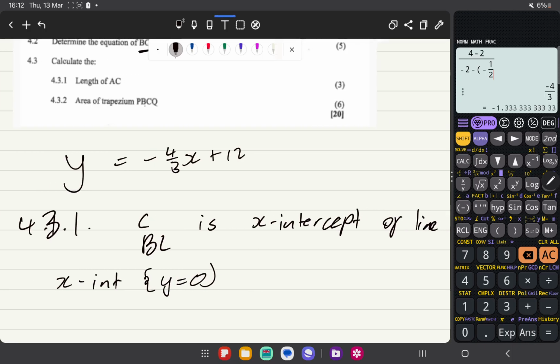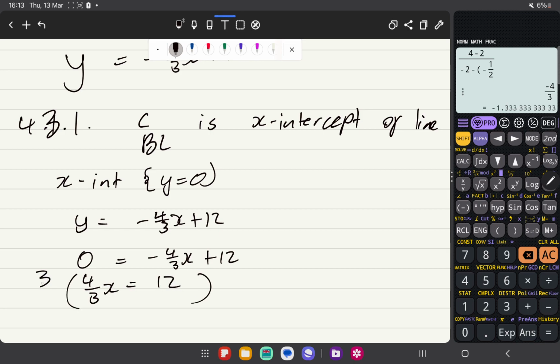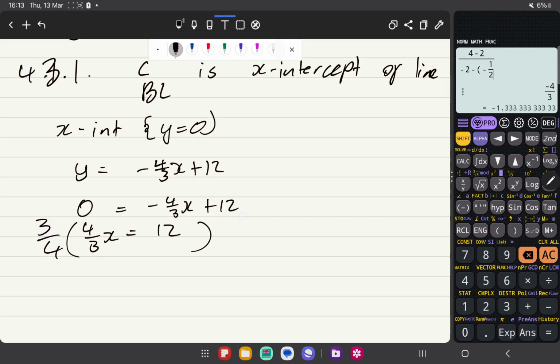So I take that equation, y equals minus 4 over 3 x plus 12. Then I have 0 equals minus 4 over 3 x plus 12. I transpose, I have positive 4 over 3 x equals 12. Now I'm gonna multiply everything by 3 over 4 so that I have the value of x.